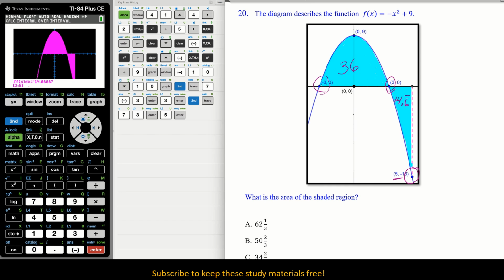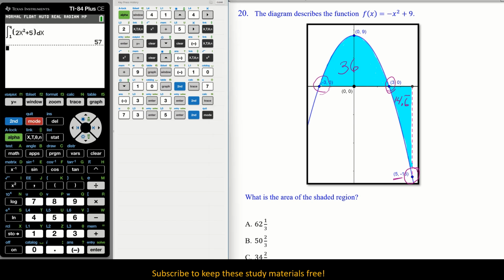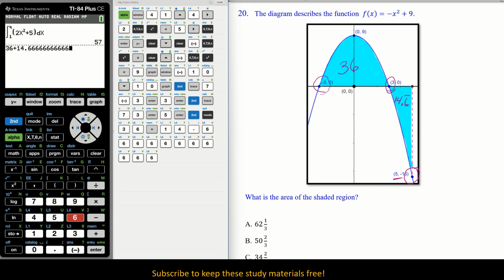Now we add the values of the two areas together. So second mode, all right, let's say 36 plus 14 point, okay, for that 6 repeating, I'm just going to enter enough of them, and it actually works. See what I did? Okay, and then I push enter, and then I go math, and it's on fraction.